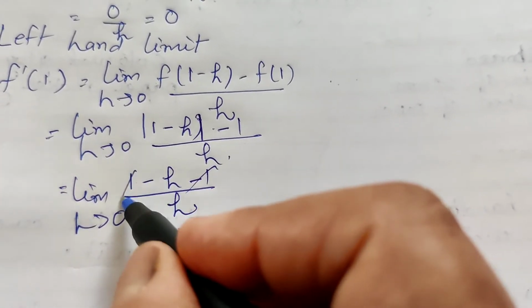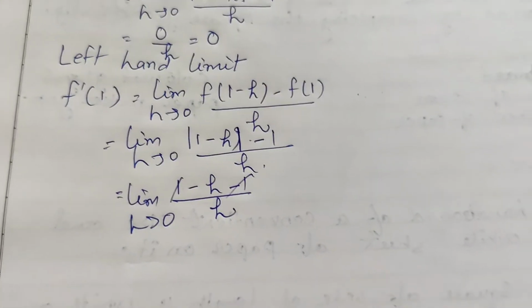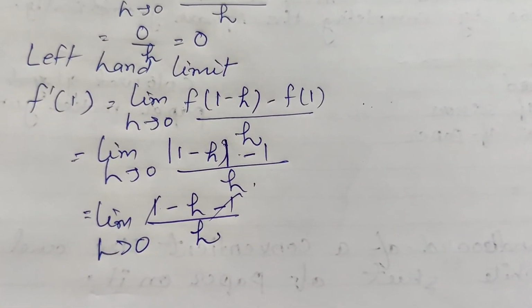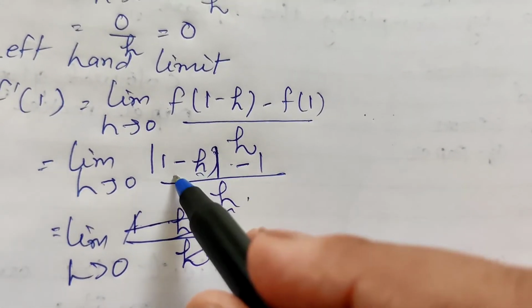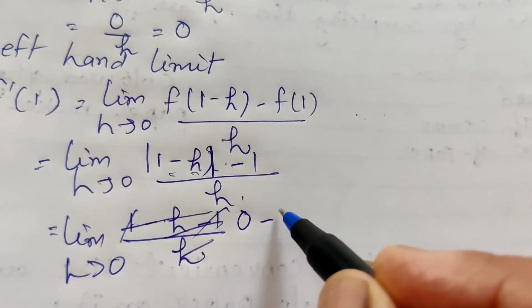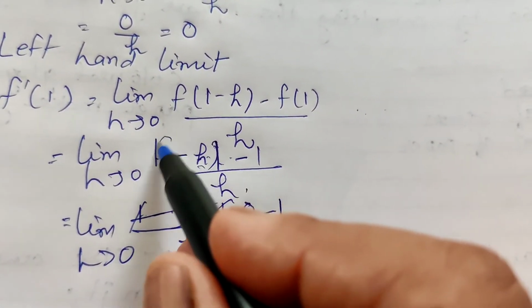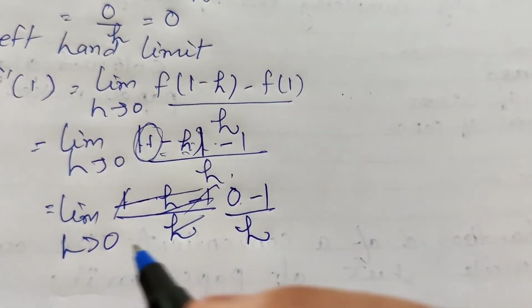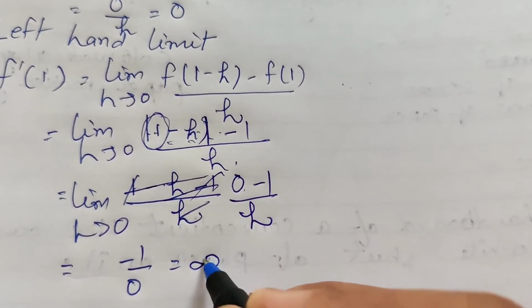H tends to 0 means it is 0 minus, it is a greatest integer. 1 minus h is an integer, and the greatest integer is 0. So 0 minus 1 by h, and h tends to 0, so minus 1 by 0 means it is infinity.